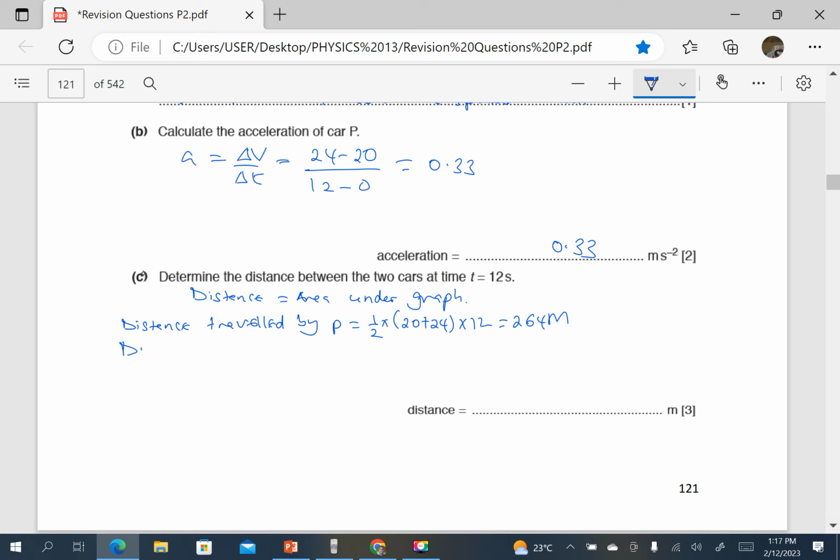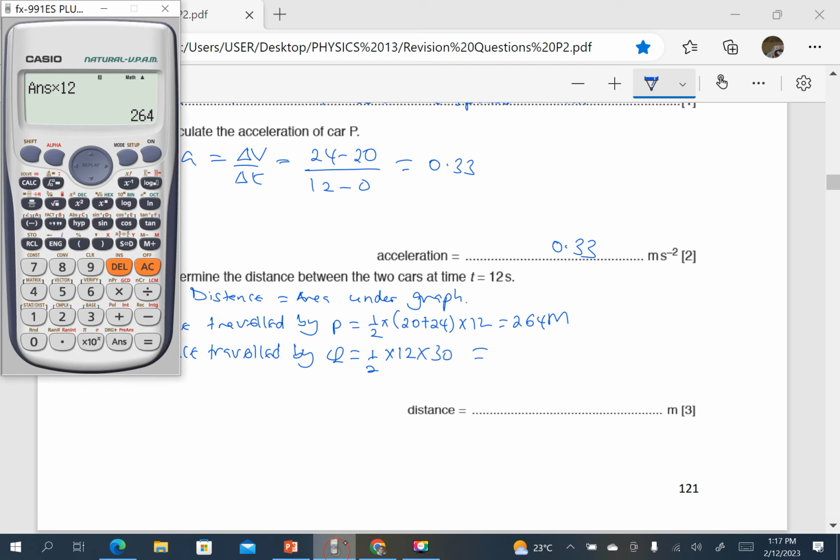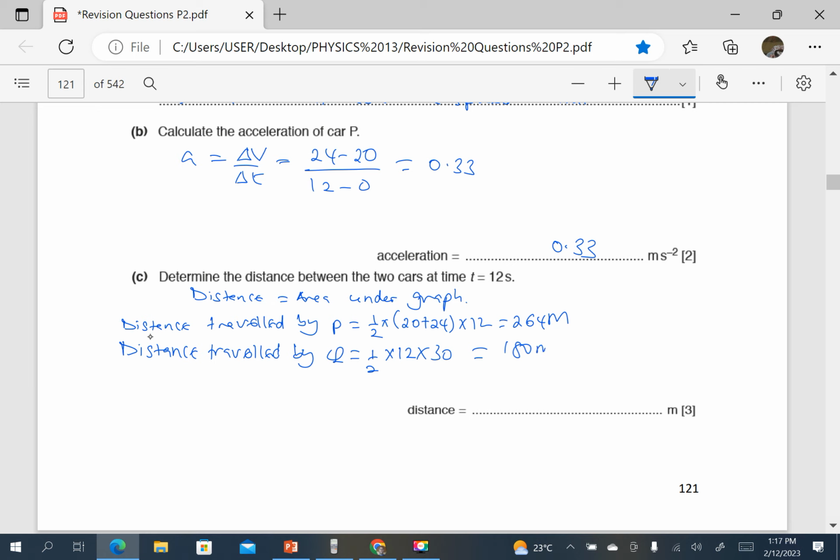Then the distance by Q will be a half. It is a triangle. A half times the base, which is 12, and the height is 30, which is 0.5 times 12 times 30, which is 180 meters.